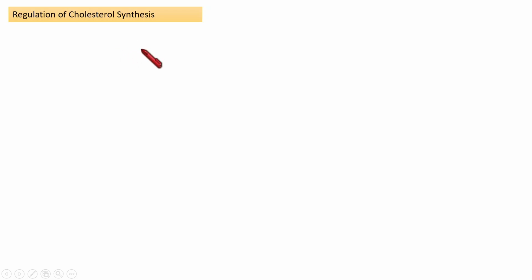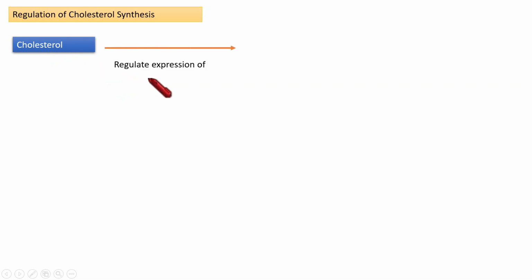So by regulating its action, by regulating its formation, the cholesterol biosynthesis gets regulated in our body. So cholesterol itself is regulating the expression of the HMG-CoA reductase gene to regulate the level of cholesterol in our body.